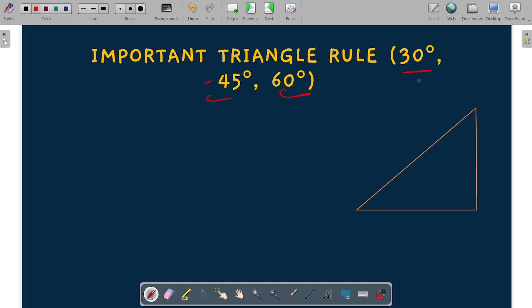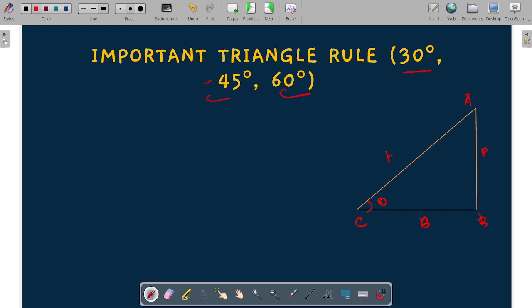Let's see, this is a right angle triangle ABC where angle B is 90 degree and let's say angle C is theta. This is P, perpendicular, and this is the base.